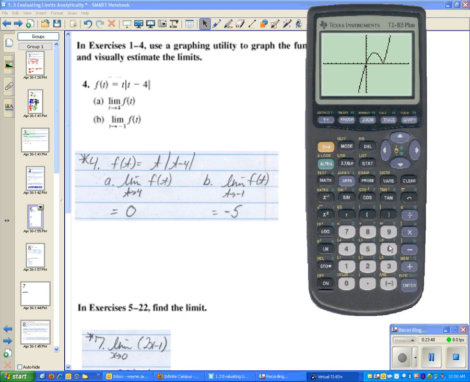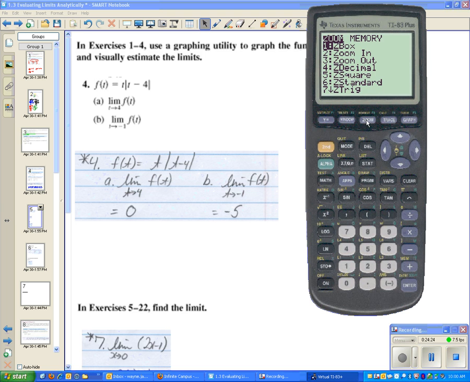Since I don't really know, I'm going to trace. Trace is a good thing. And as x approaches -1, just back up a little bit. It's kind of hard to tell.